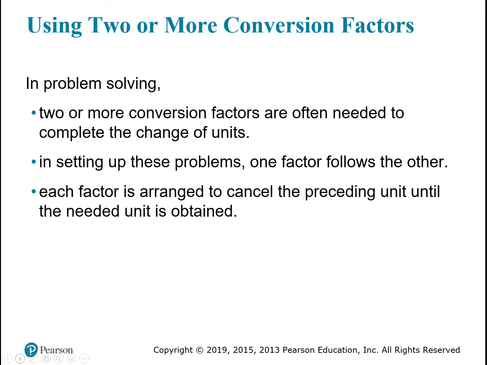We're in college. We've got to make it a little bit more difficult. We're going to start solving problems that need 2 or more conversion factors. And in these problems, you set up one conversion factor after the other, and you have to arrange them in a way that will cancel out the units, and you still end up with what you need at the end.